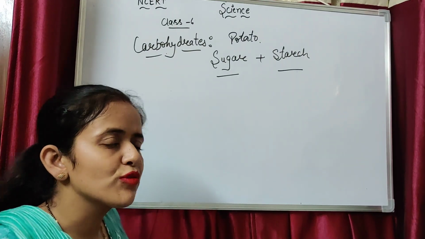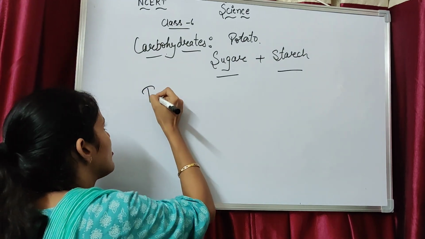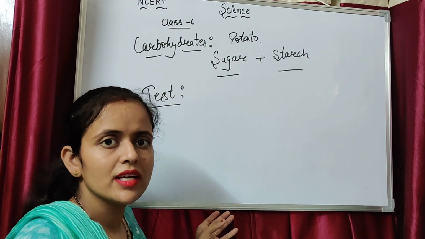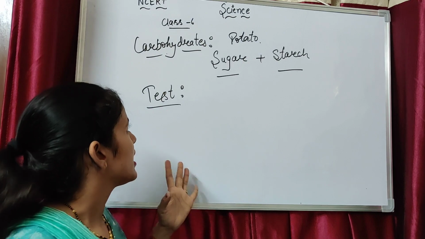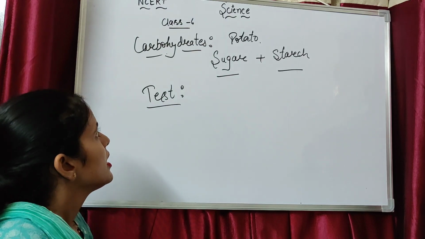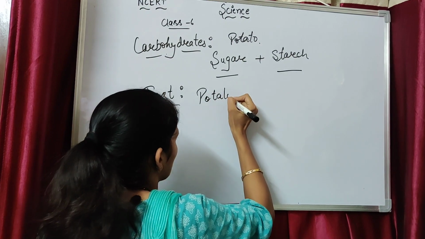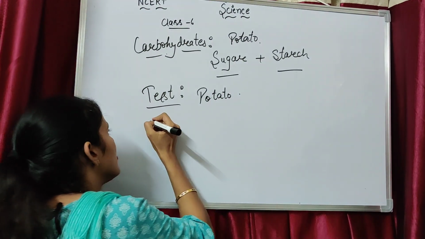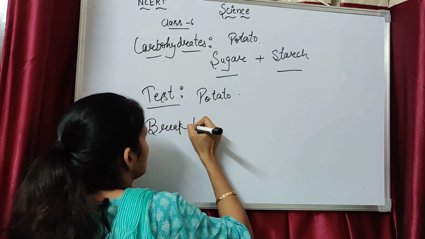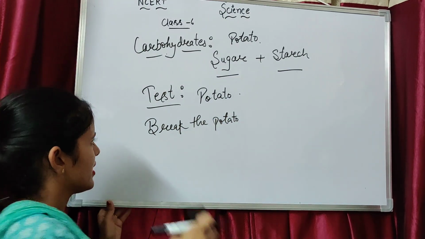How do we know which food contains carbohydrate or not? There are tests. We have to perform some tests to recognize whether the food item contains carbohydrate or not. So what are these tests and what do we need to perform them? Let me explain. For example, we will take a potato for the test.